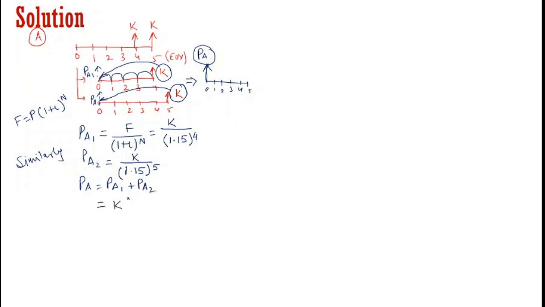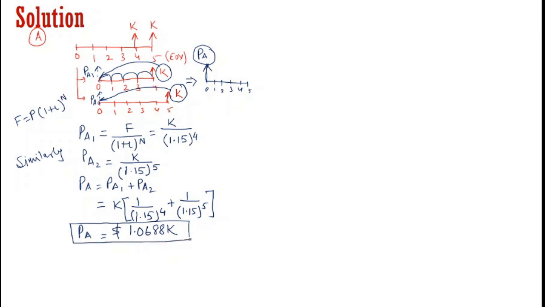So this is K times (1 upon 1.15 to the power 4 plus 1 upon 1.15 to the power 5). If I compute the value, this comes out to be $1.0688K. So this is PA, the net worth at time t equal to 0 for this cash flow.